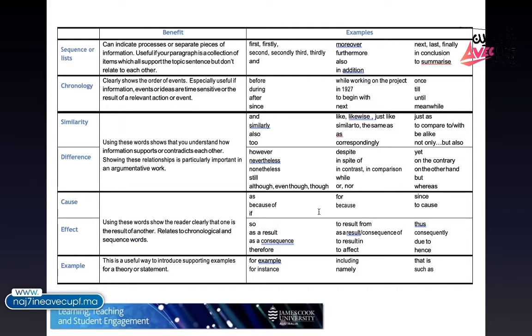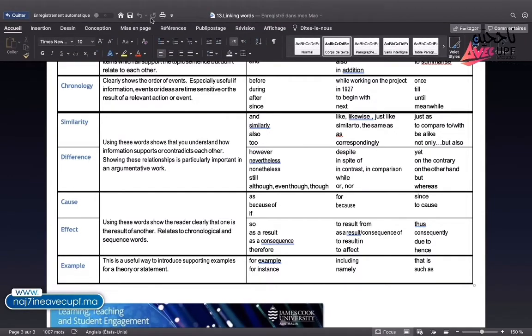These are techniques that show effects, the result of a cause. Example: this is a useful way to introduce a supporting example. For example, for instance, namely, that is, such as, including, and so on.